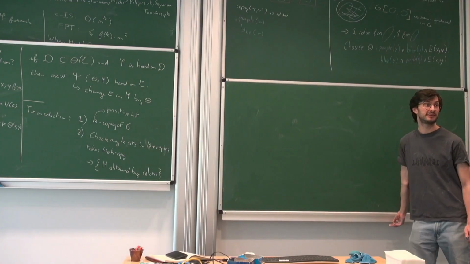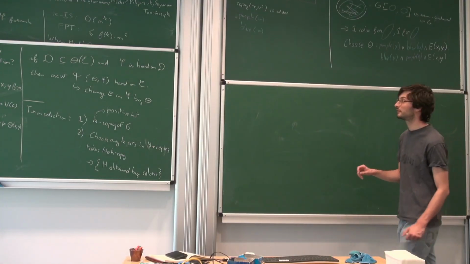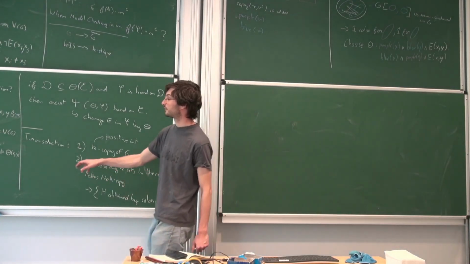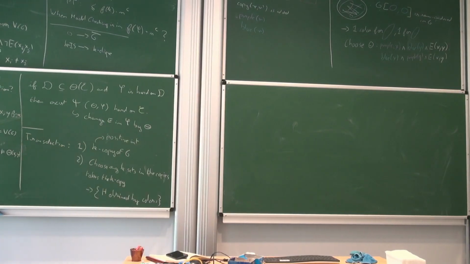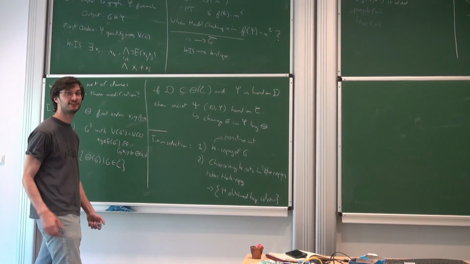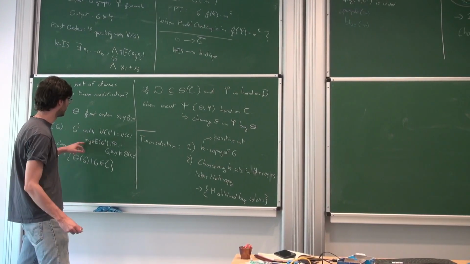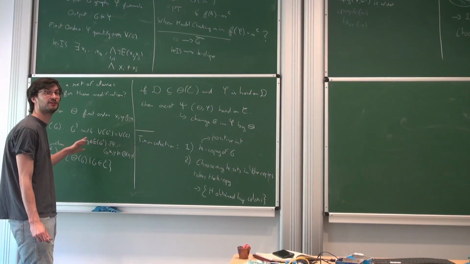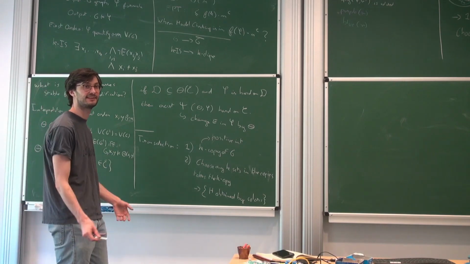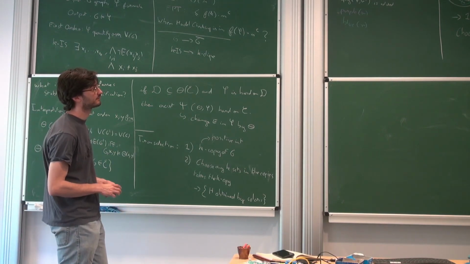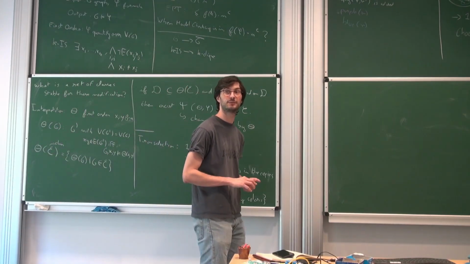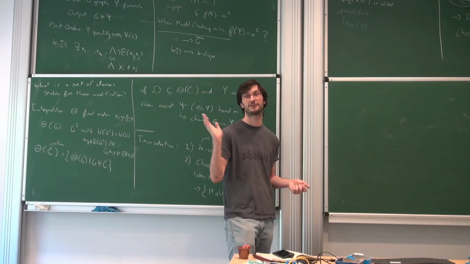Because you want to obtain a graph in the end, the end structure is defined as the structure where x, y is an edge if you have the formula between x and y. It depends: if you see it as a logic, as a binary predicate, it should hold whether it's x and y, or y and x. We didn't use copy here. You could have used copy before and just forget about the copy.